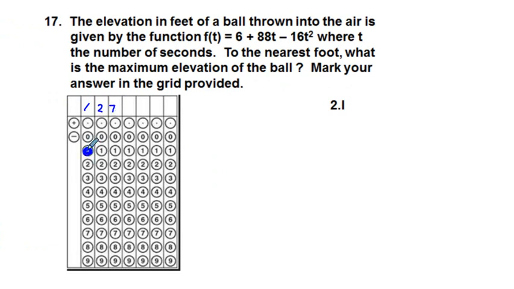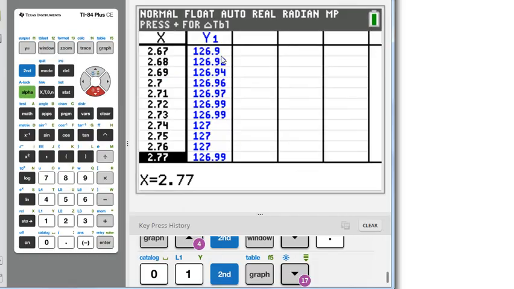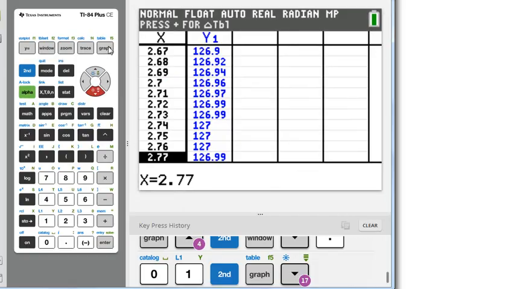I want to show you graphing also. Going to the graph mode, 127. 126 was a very common answer I saw on this. So as a test writer on this one, if you put down 126, I got you on that one.